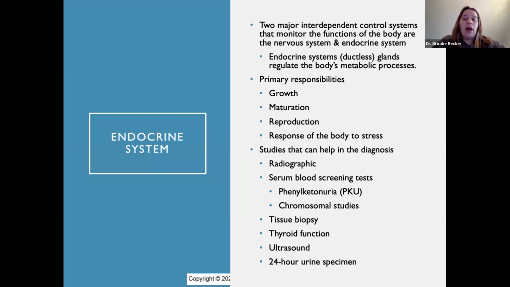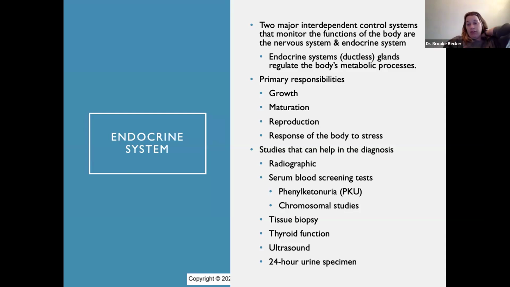Studies that can help to diagnose any disruption in the endocrine system include x-rays, okay, because that can look at your bone growth and your bone age study and tell us if there's something going on where your bone age is not the same as your actual birthday. Okay. So there are some serum blood screening tests that we can do.